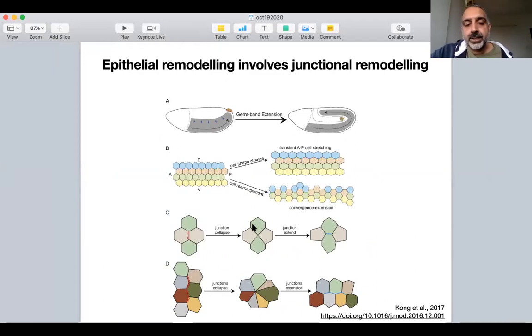The cell rearrangement is happening because of junctional collapse and junctional extension. Here, this is showing a group of 4 cells, which is easy to visualize. And here we're looking at a group of 7 cells, which show this very beautiful junctional remodeling to change the neighbor relationships of epithelial cells.